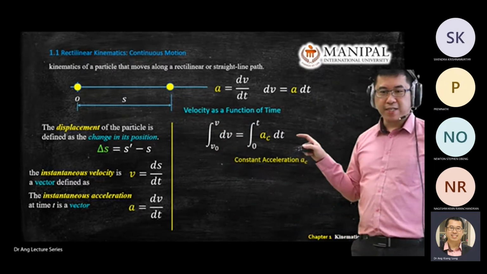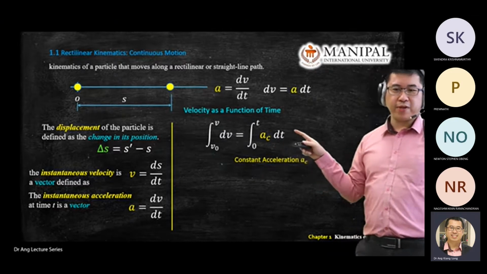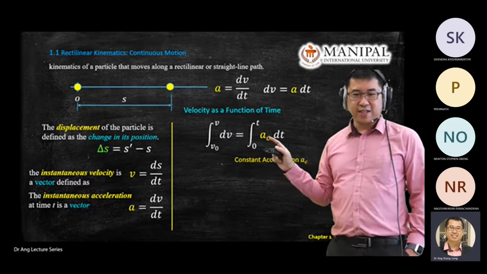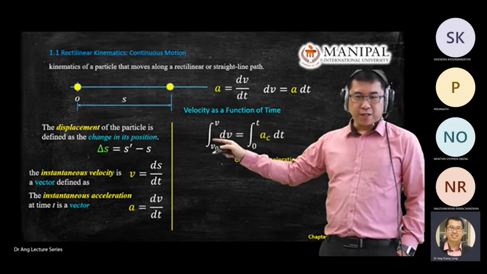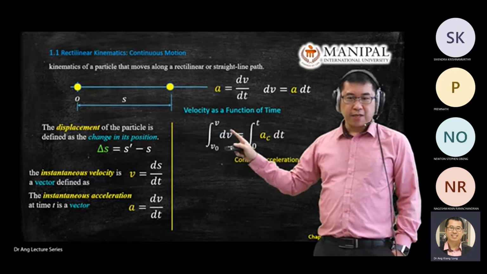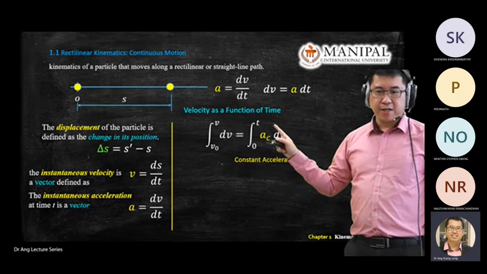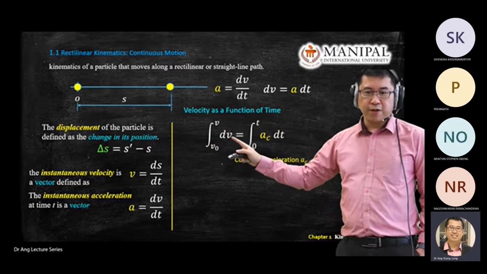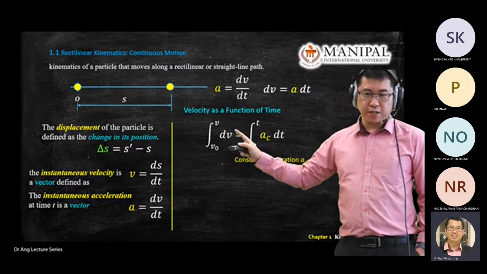Again, recall, this is an integration concept. It's nothing to do with engineering dynamics. This is an integration mathematics problem. You integrate to a limit, from the origin to the end. How do you know what limit to use? You refer to the d-something. If you see dv, you integrate velocity.